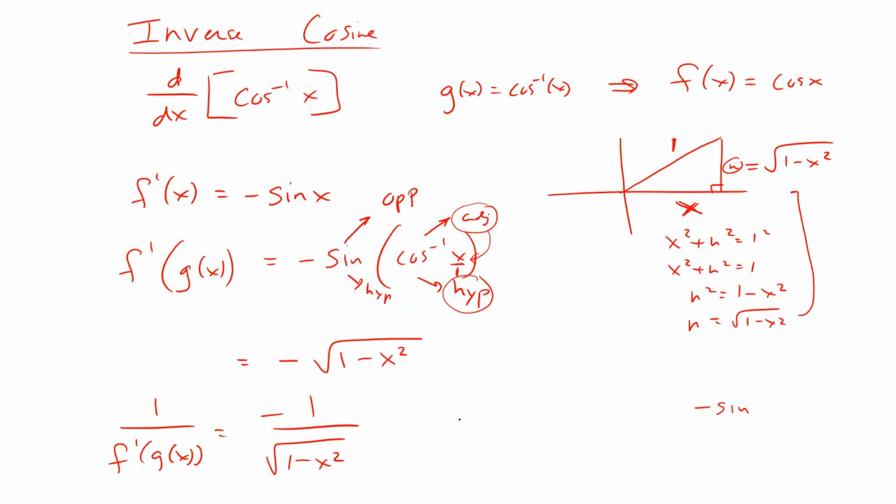That was interesting. Okay, and I think we're done. Is that right? There it is, that little piece there. So off to the side here, the derivative of cosine inverse of x is equal to negative 1 over the square root of 1 minus x squared. Done.